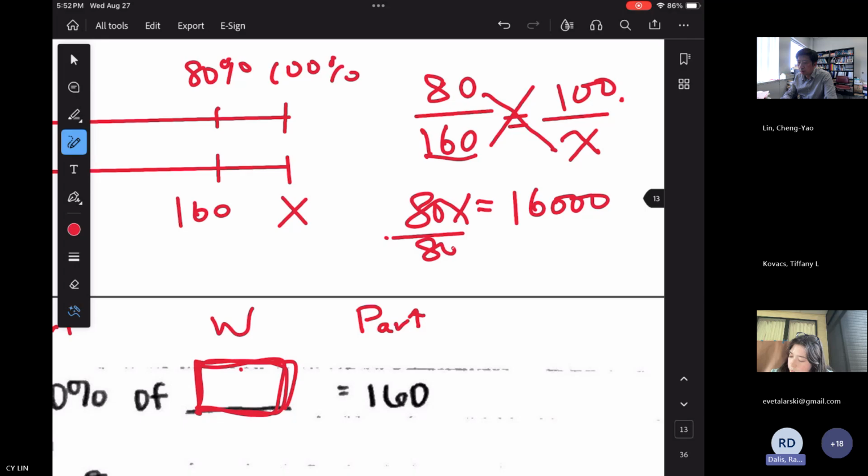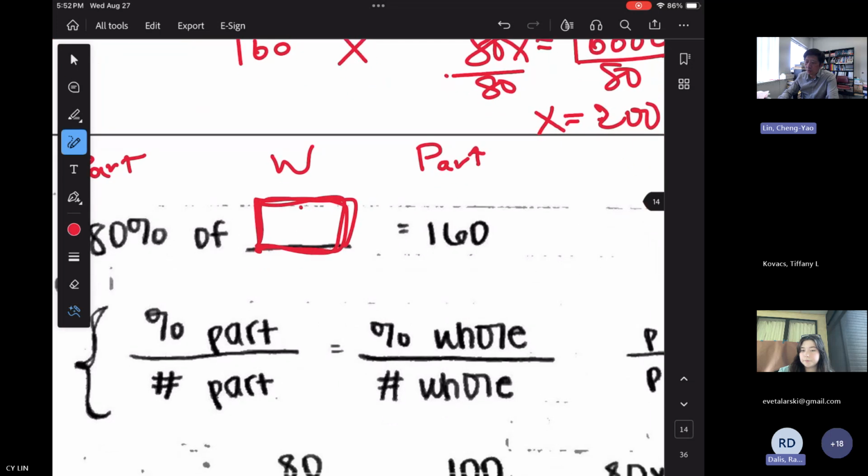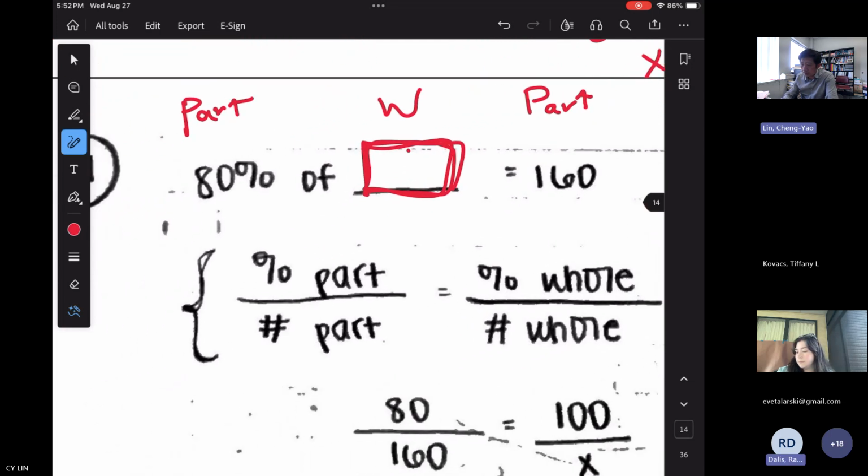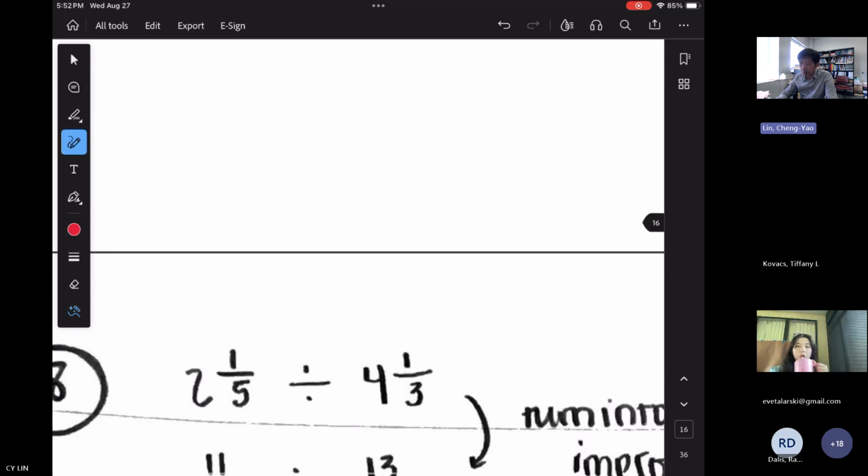Yes, divide by 80 for both. X is equal to 200. So now we put 200 on here. Correct or wrong? The whole is 200, and the part is 160, which is 80%. Yeah, that makes sense. You should always double check whether it is correct or wrong.